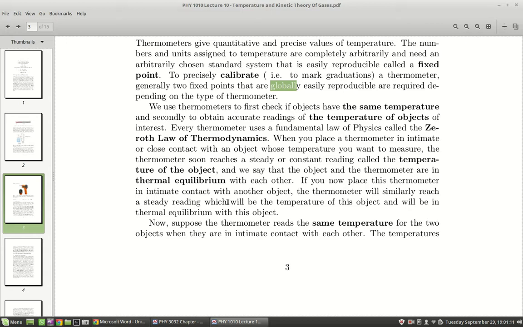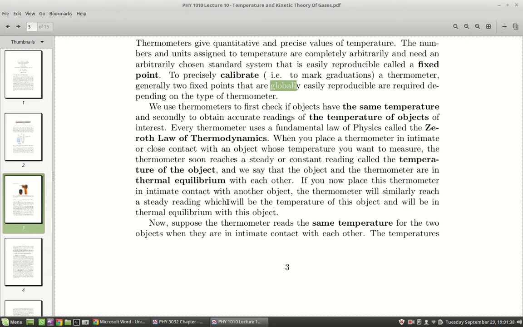The Zeroth Law of Thermodynamics basically, in a nutshell, tells us that if you have an object, you get its temperature, then you measure the temperature of another object, and the temperature reading is the same, then we conclude that those 2 objects are at the same temperature.